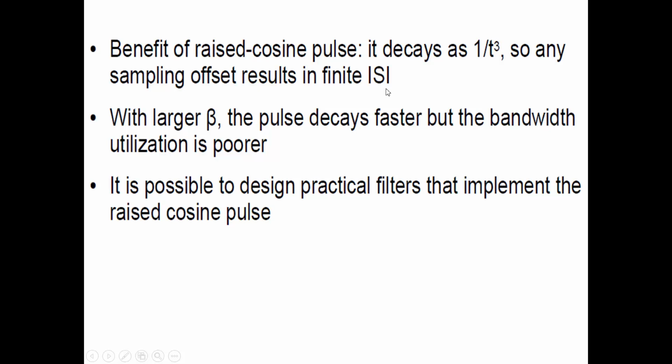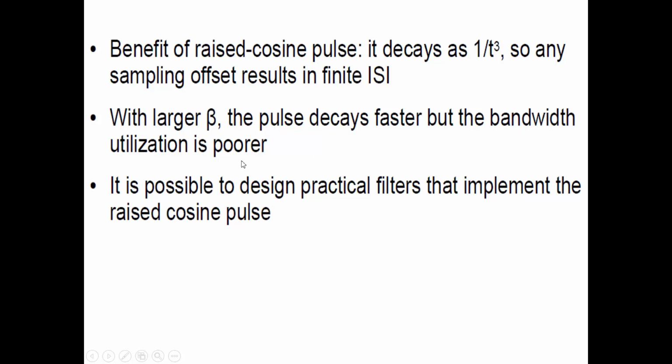Even if there is a sampling offset, meaning when you are sampling at capital T time, that instant is offset by some value, even then the raised cosine pulse will decay very quickly. Now with larger beta, the pulse decays faster, right?